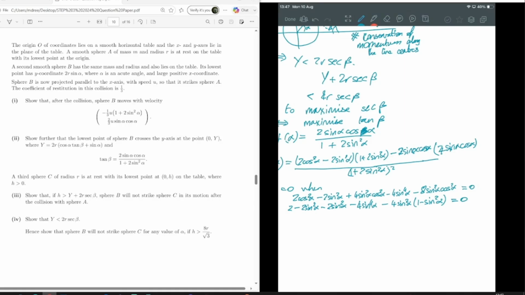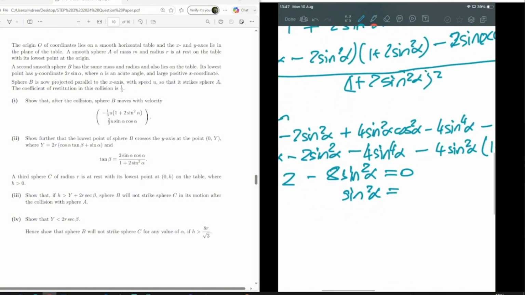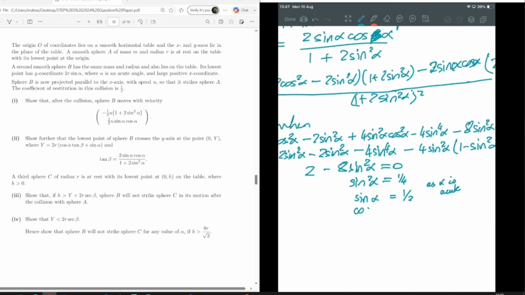Lovely. So I'm going to be left with 2 minus 8 sine squared alpha equals 0, which means that sine squared equals a quarter, and because we're in acute angles only, as alpha is acute, we have that sine alpha equals a half, which also gives that cos alpha is root 3 over 2.